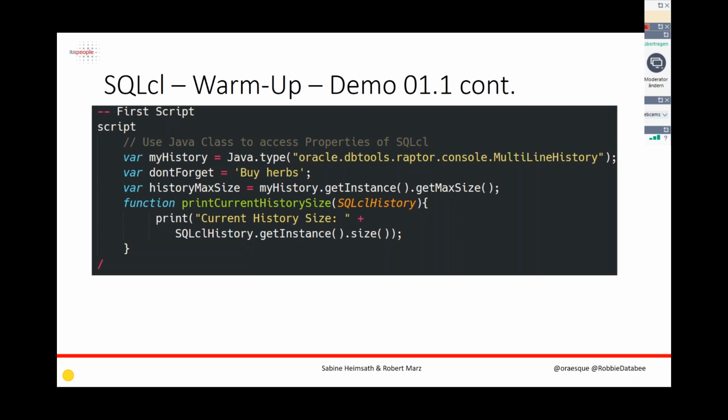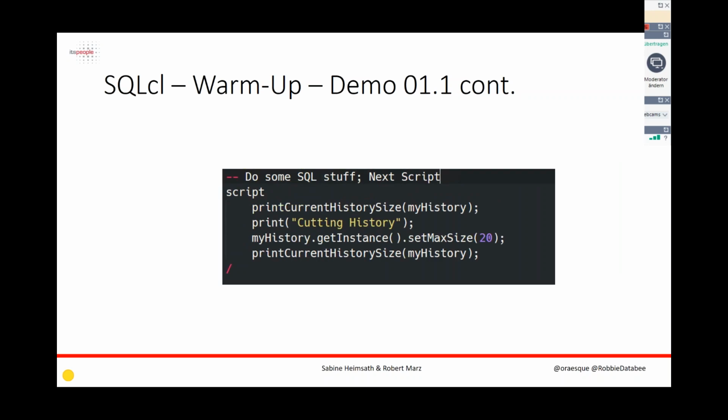So we have three variable declarations and one function. When we execute the script, the function is not executed, it's just declared, like in PL/SQL at compile time. On the next slide we have the next script. The first script was finished by a slash, and here we have another script.